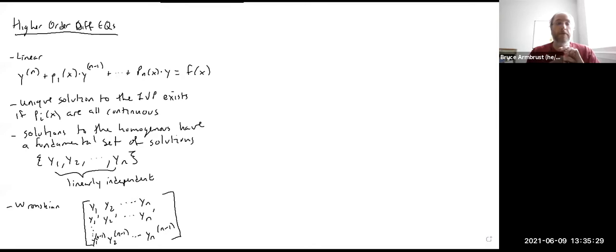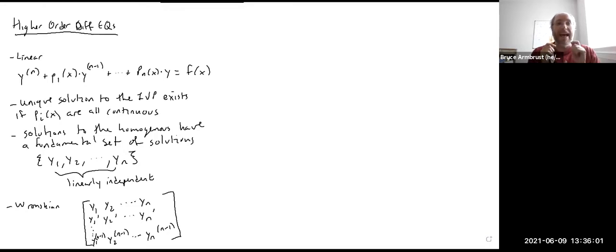So we're still going to be able to build the Wronskian like we did before. It's just going to be larger. When we built that Wronskian, it came from, like Bradley said, putting a restriction on y1 and y2. Well, now you're going to put a restriction on y1 through yn, and y1 prime through yn prime, and y1 double prime to yn double prime. We're going to keep adding those restrictions because we've got some play, since we've got n of these things, and we're going to end up creating this matrix.